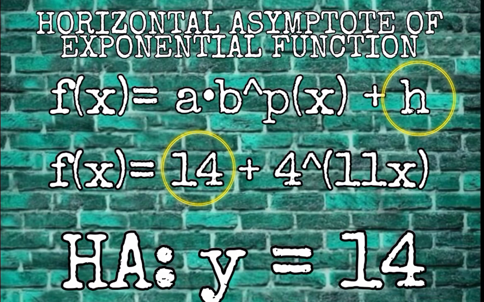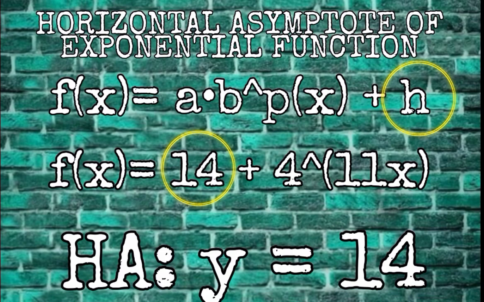But take note that if a number has a raised to the power, that is not h, because see to it that in our equation, f(x) is equal to a times b raised to the power of (x + h), h doesn't have an exponent and doesn't have parentheses. So, therefore, our y equals positive 14, aka the horizontal asymptote.